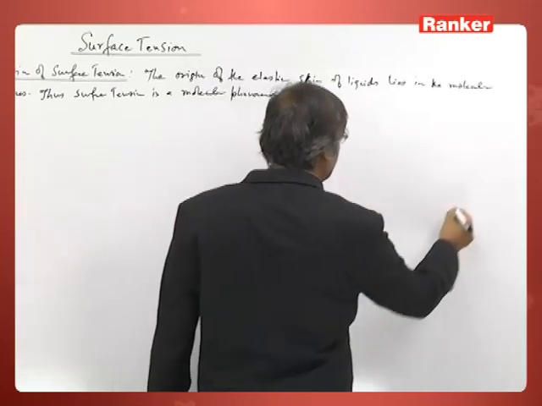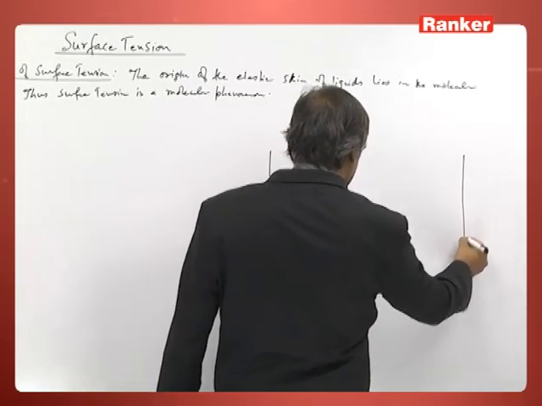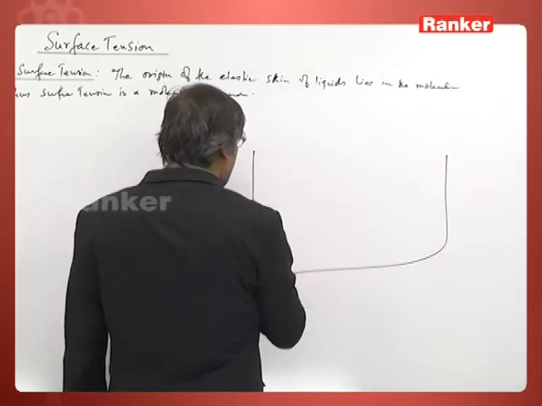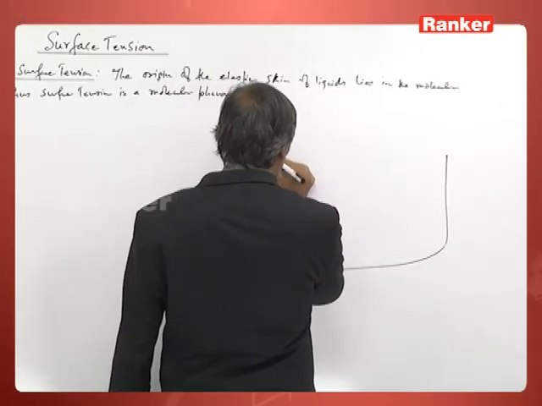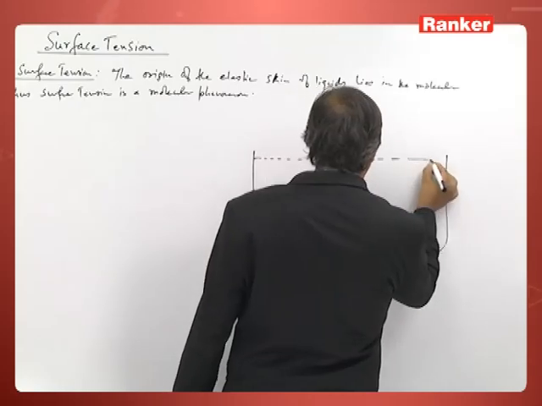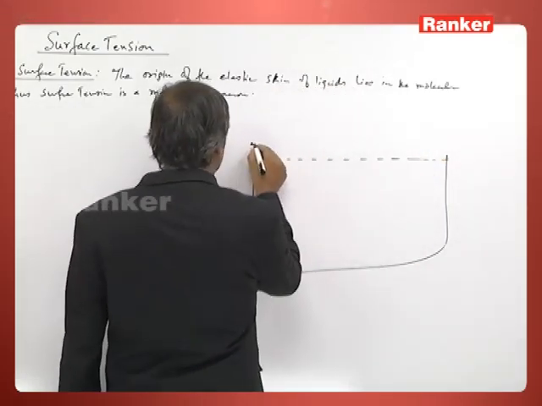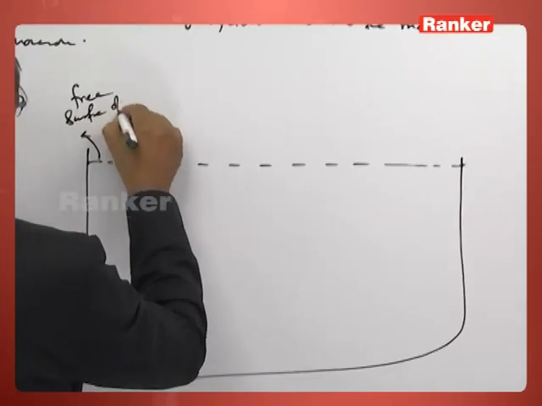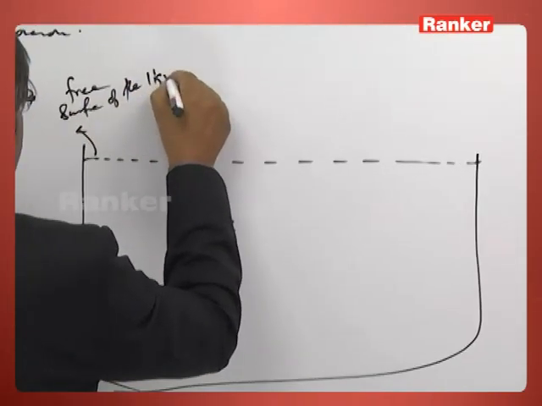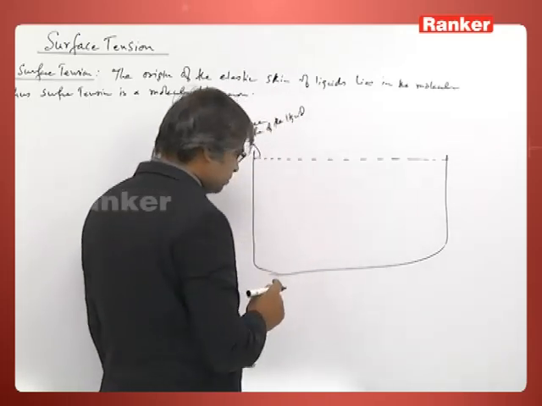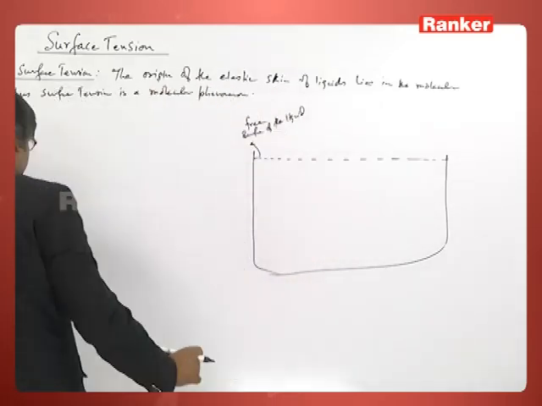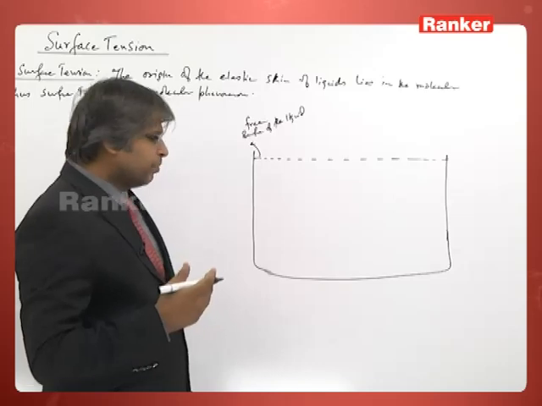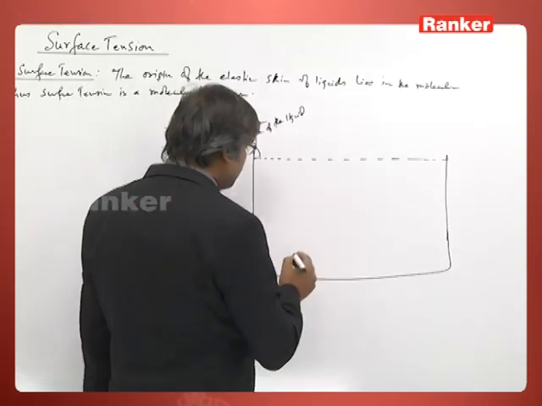So, this is a liquid inside a vessel and this is the free surface of the liquid. Now you see here, we take certain molecules at different positions.